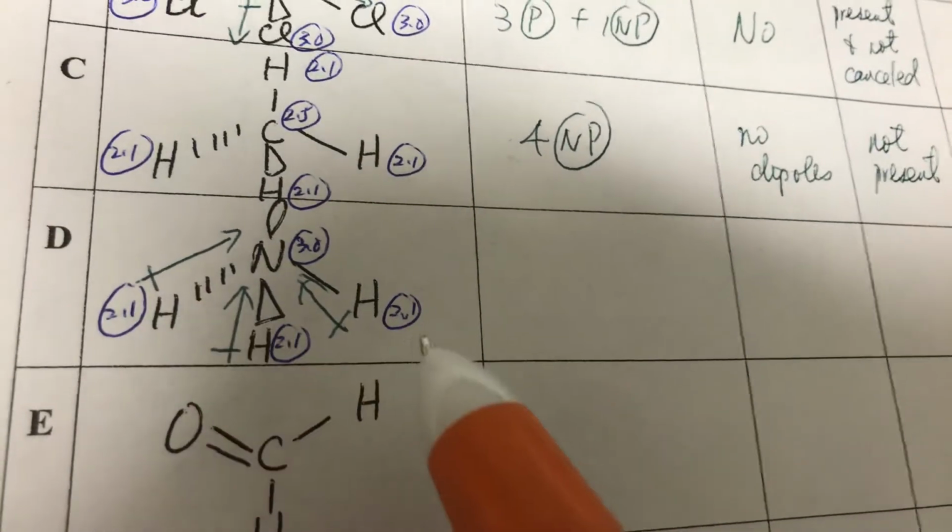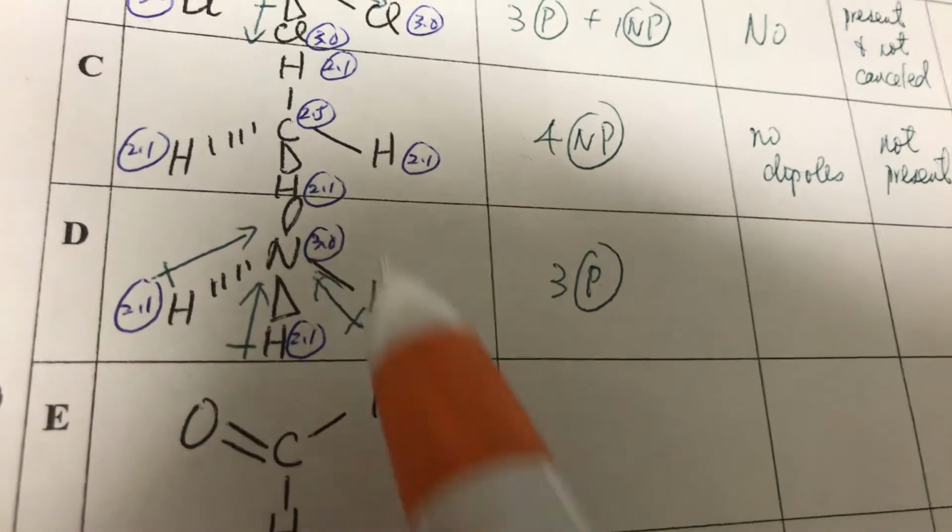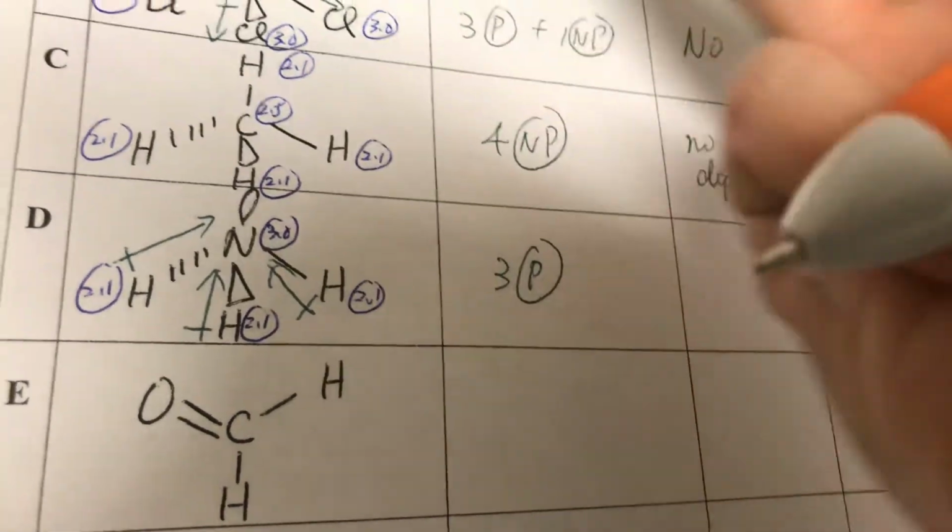Okay, so here I have 3 polar bonds. Now you notice this chicken feet is going this direction, go up, go up, go up. They all join into the top.